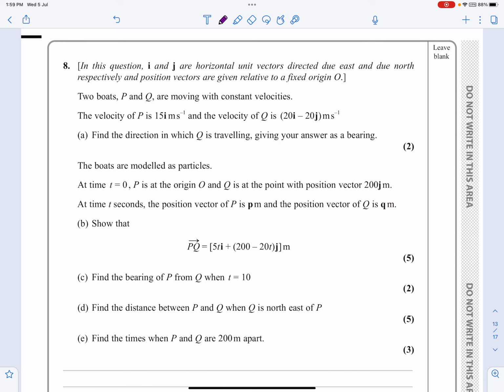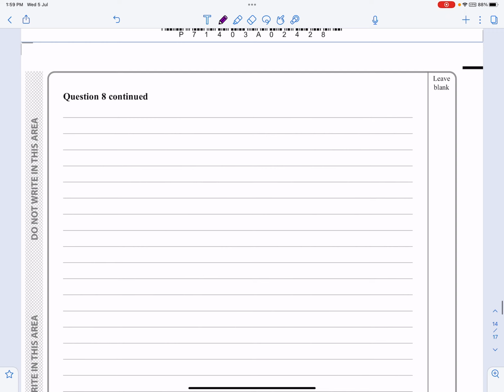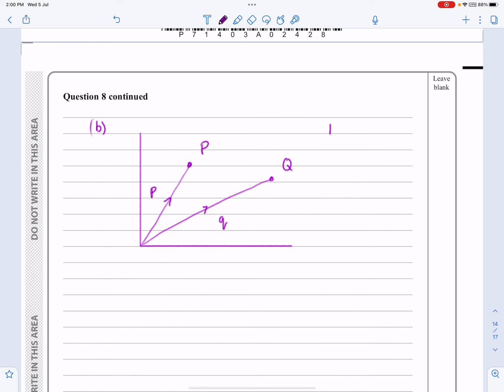Yeah, we can. Let's just do a quick bit of teaching, reminding you that if we've got a situation where I've got P and Q, so P's here and Q's here, and I've got those two position vectors, then PQ is always given by q minus p.